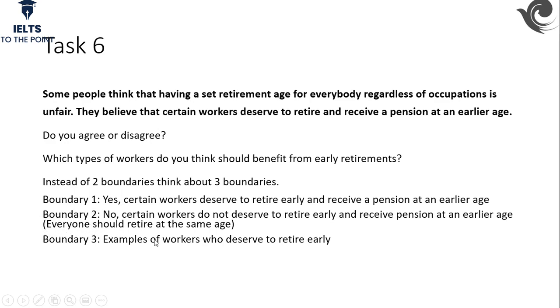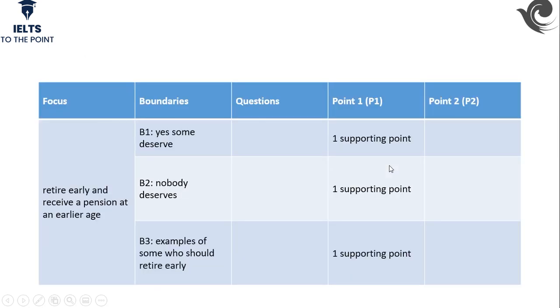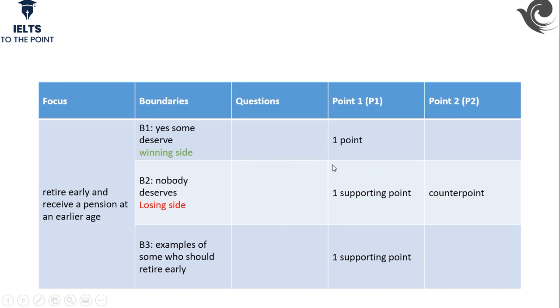But IELTS is specifically asking you for the examples. That means, understand, you must have boundary 1 as the winning side and boundary 2 as the losing side. Since this is the losing side, you must provide the counterpoint.